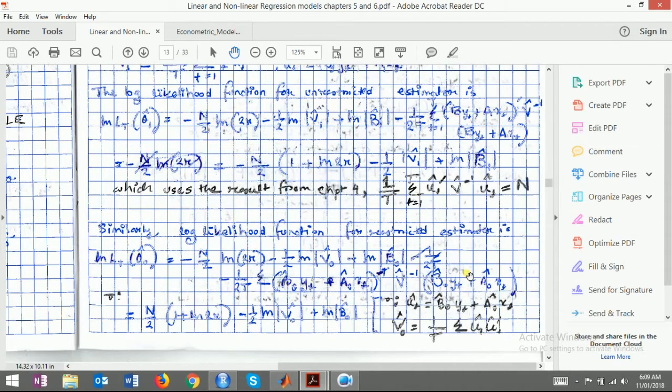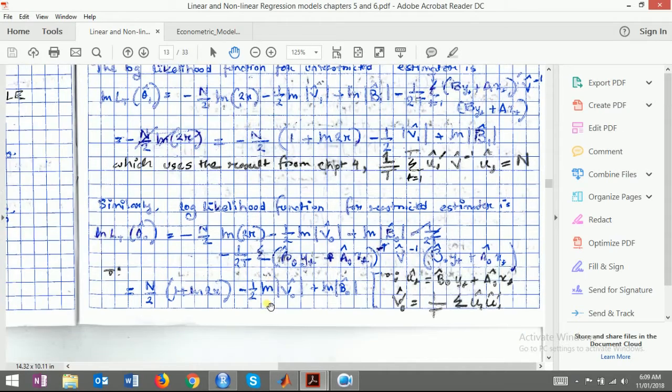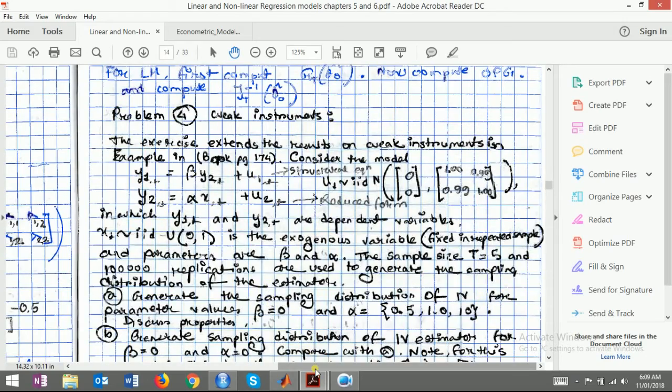So basically this last element becomes n by 2 again. Basically they give you the same shape. There is no change in the shapes between the restricted and unrestricted for a multiple equation model.